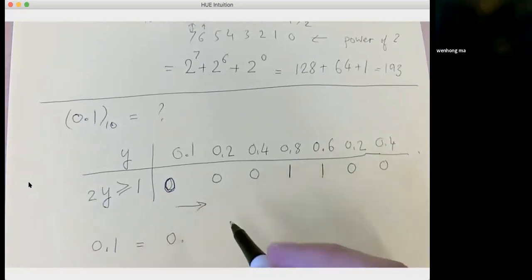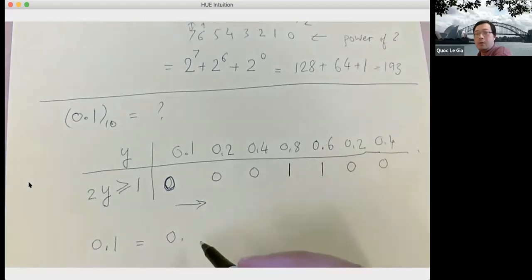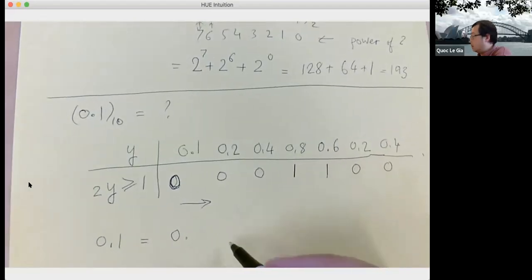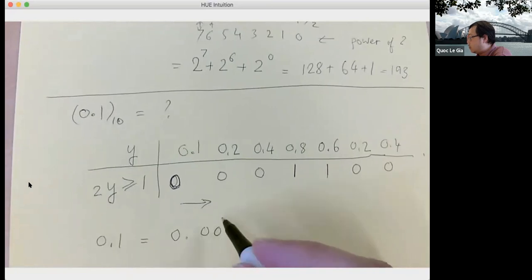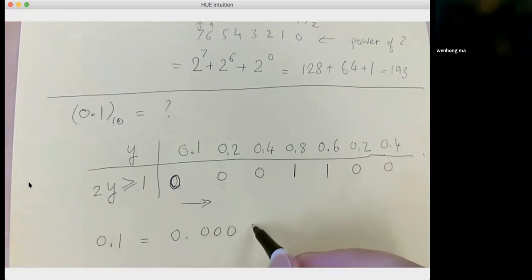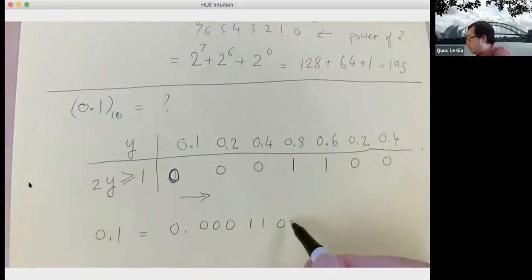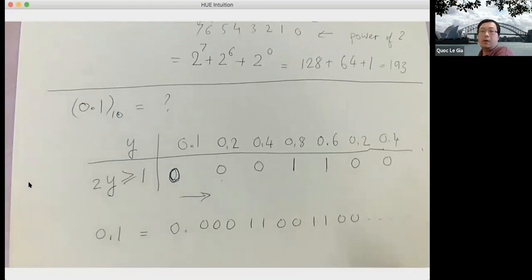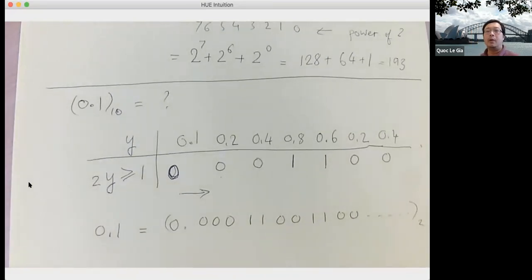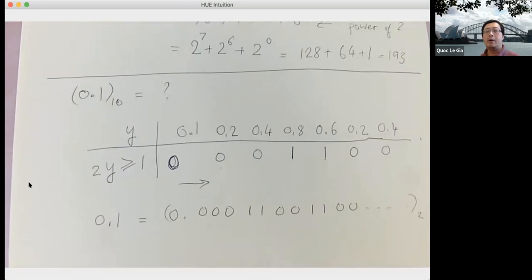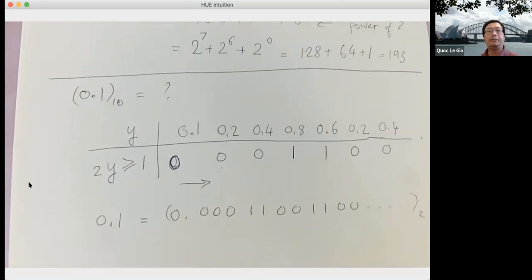So you read from the left here. So you got 0, then 0, 0, 0, and then 1 1, then 0 0, then 1 1, then 0 0 again and again. So it's an infinite sequence. That is the binary expansion of 0.1.